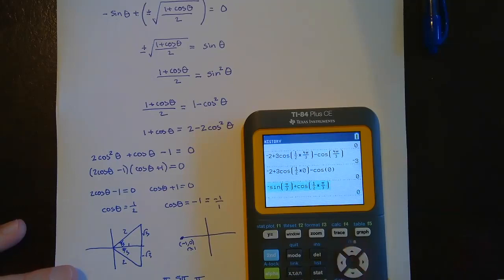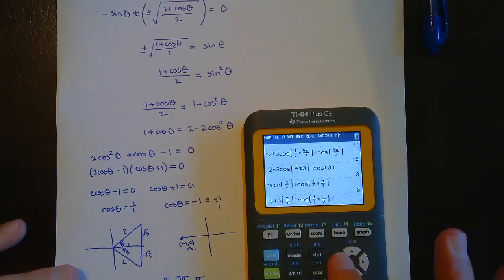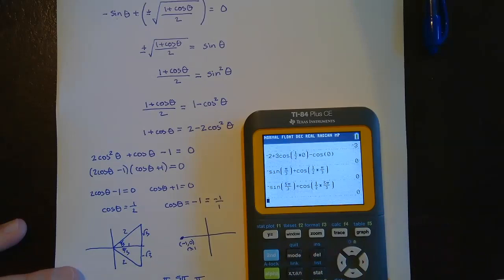Okay, I'm going to come up and copy it. How about 5 pi over 3? And we can insert. And that one also works. How about pi, right?